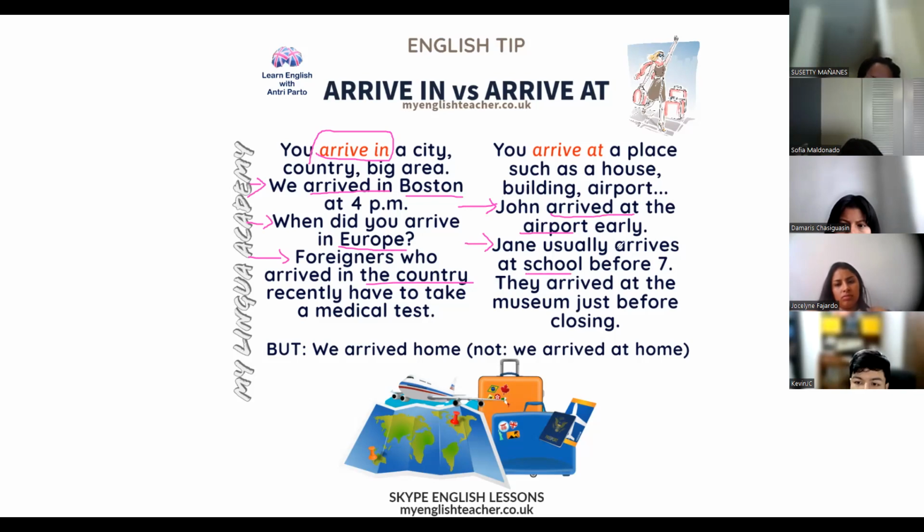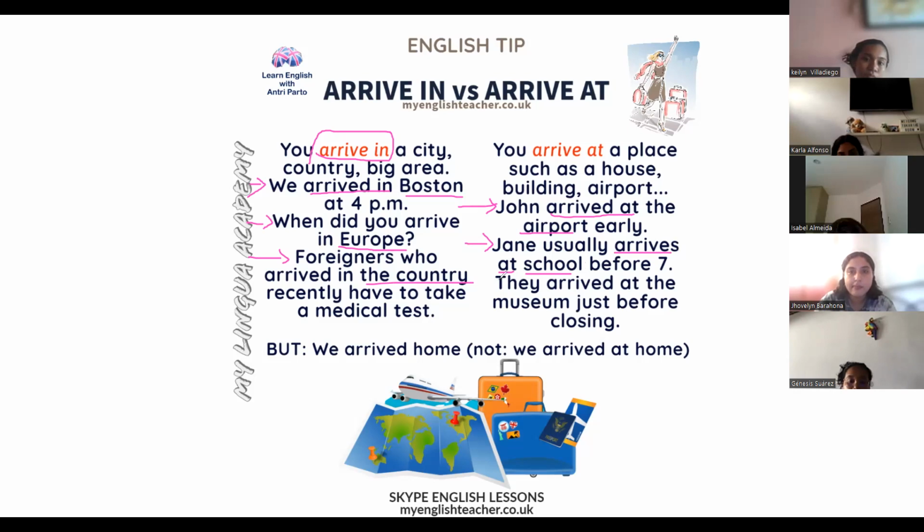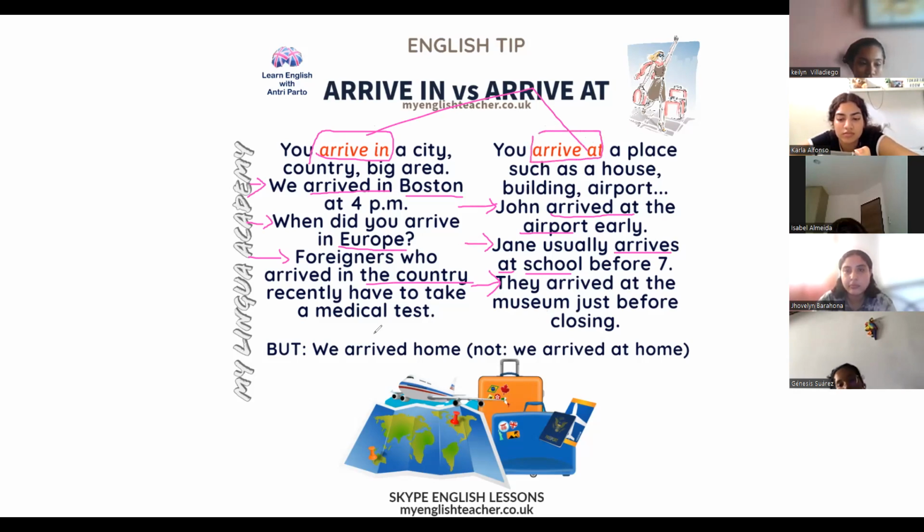At school, we need the phrasal verb arrive at. When referring to buildings or places in a town, we use arrive plus the preposition at. And the other one. They arrived at the museum just before closing.